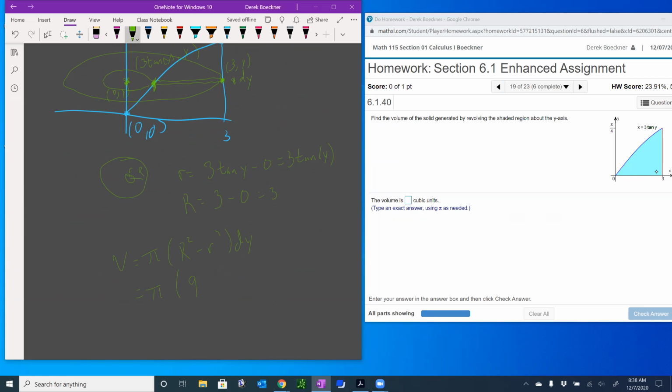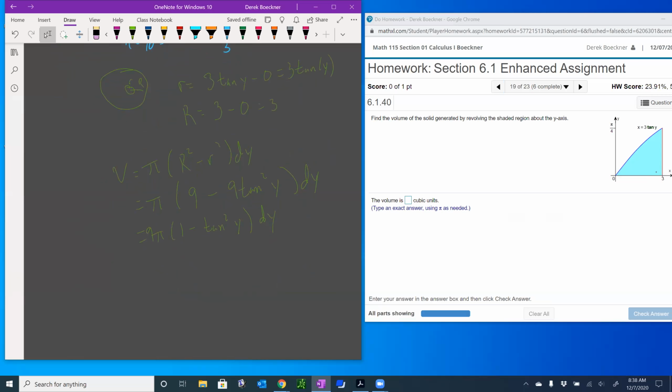So that's going to be 9 minus 9 tangent squared y dy. Good with that? Yeah. Okay. And so my integral is going to be 0 up to pi over 4, because that's where these start and stop.